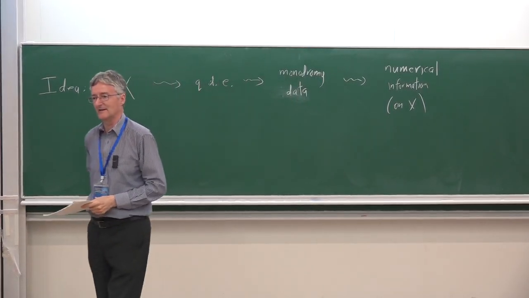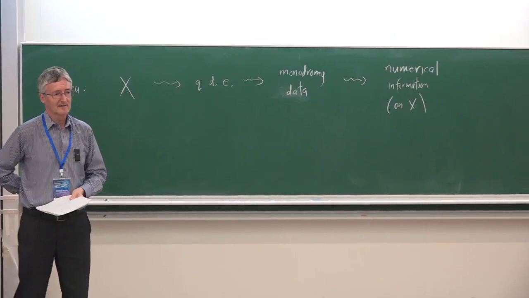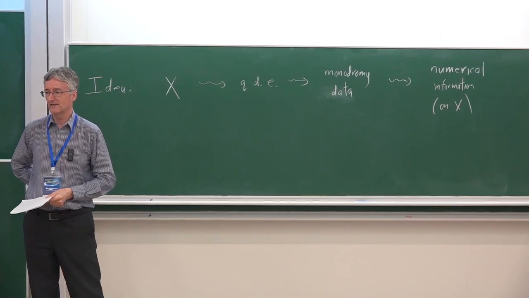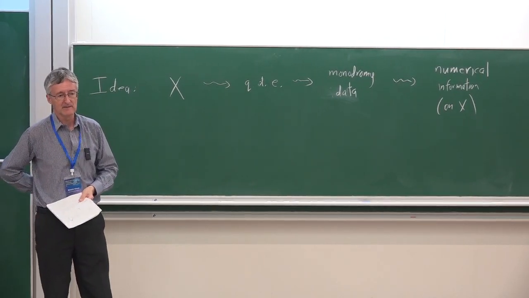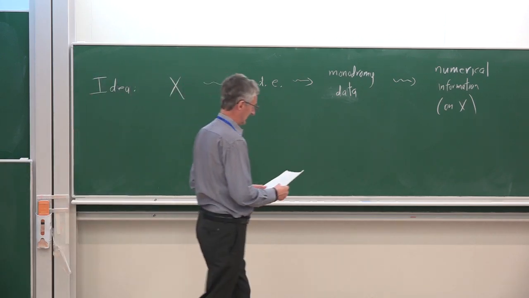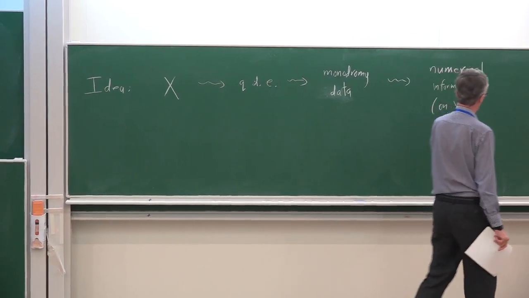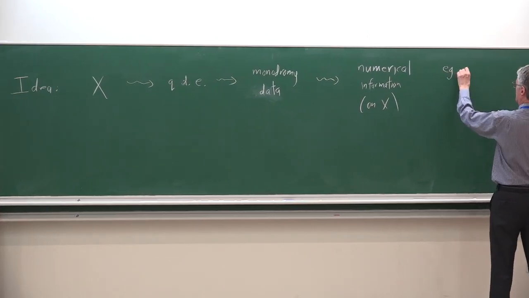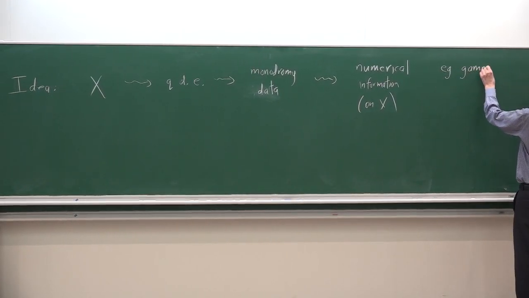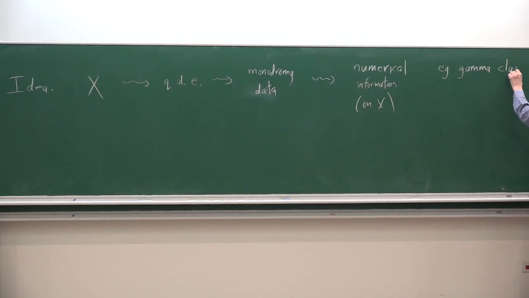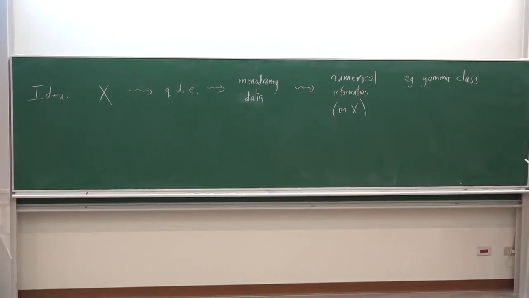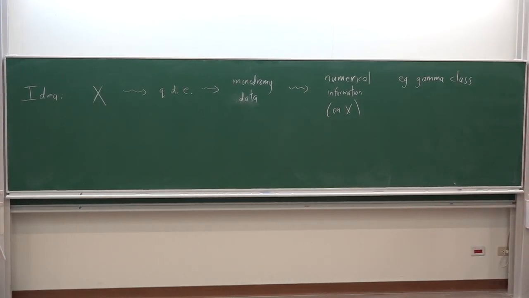Of course, Gromov-Witten invariants are numerical, but they are related to the solutions of the differential equation. So I'm not talking about that. It has to do with the monodromy. And for example, the gamma class. So this kind of information is basically going to be topological information.